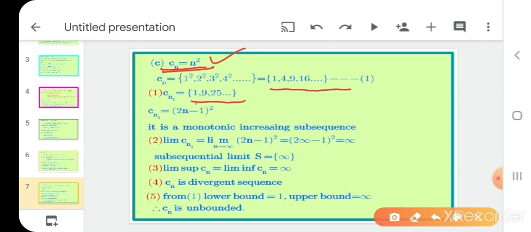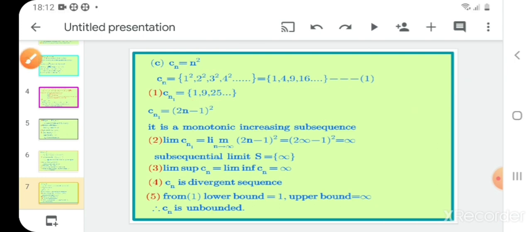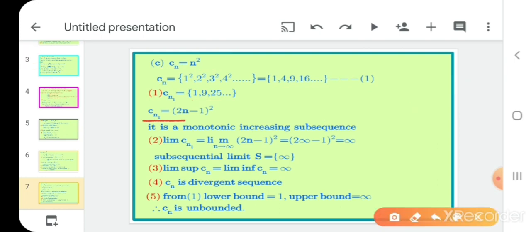I took only odd numbers: 1, 9, 25 and 49, like this. Now what is the function of the subsequence here? (2n minus 1) whole square. If you substitute n equals 1, what do we get? (2 into 1 minus 1) whole square, that means 1 square, which is 1.